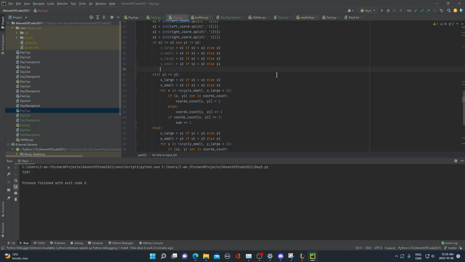So I'm just thinking here, if it's going to be diagonal, it'd be, for example, 0,0 and then 1,1. Okay, both will be larger.